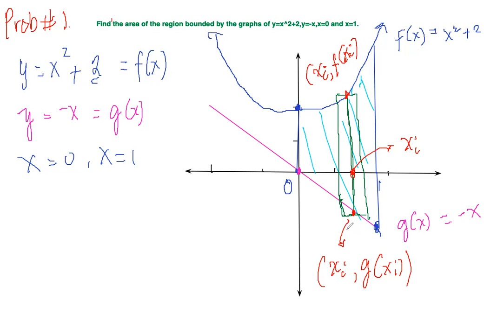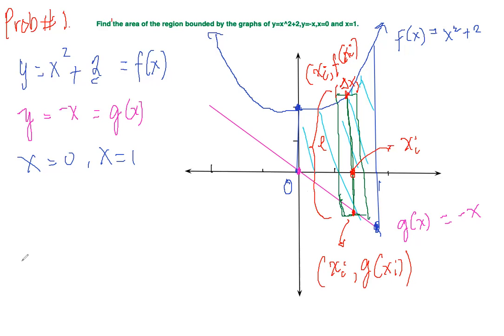And of course, we need to identify the width of the rectangular strip here. The rectangular strip's width is the change of x, or delta x, and this is our height, or the length.